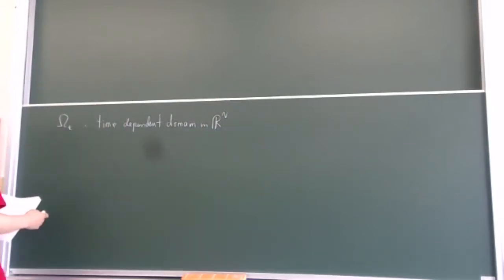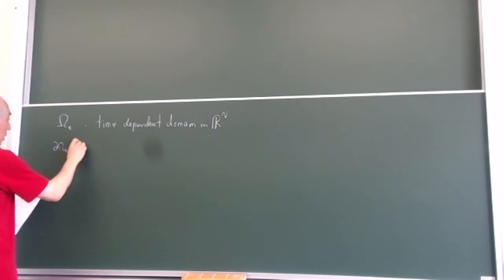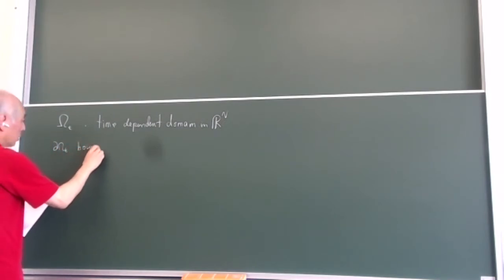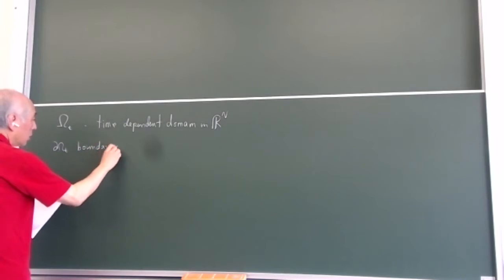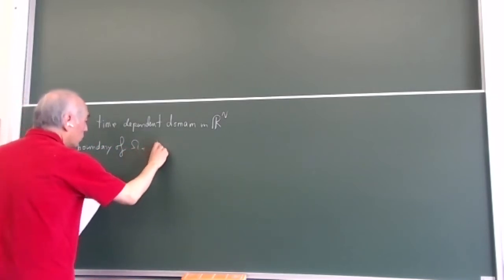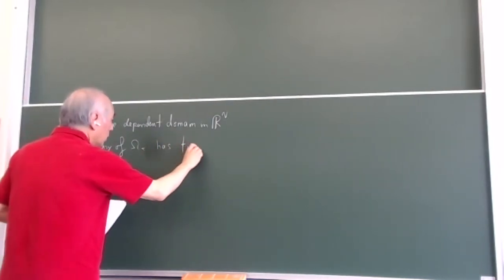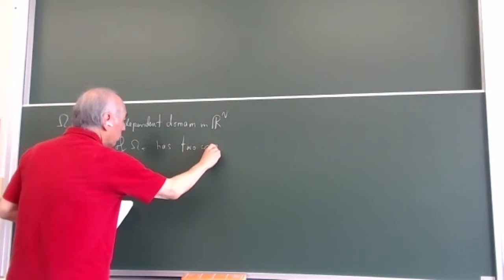And now I consider the following situation. The boundary of Omega_t has two connected components.